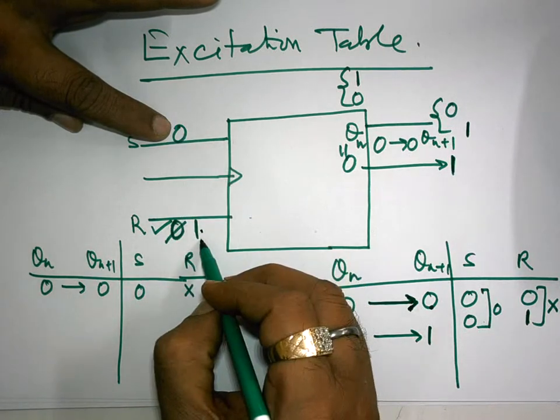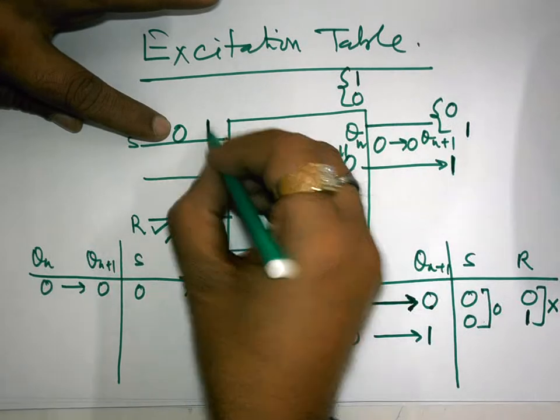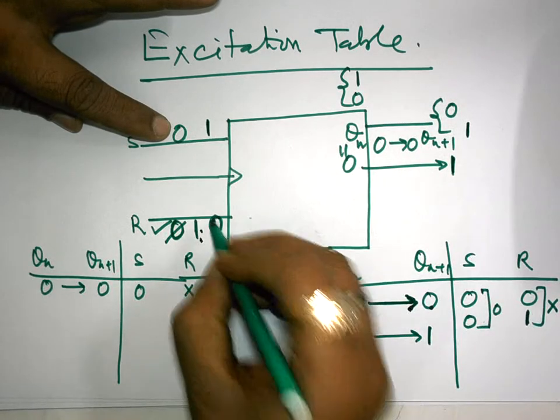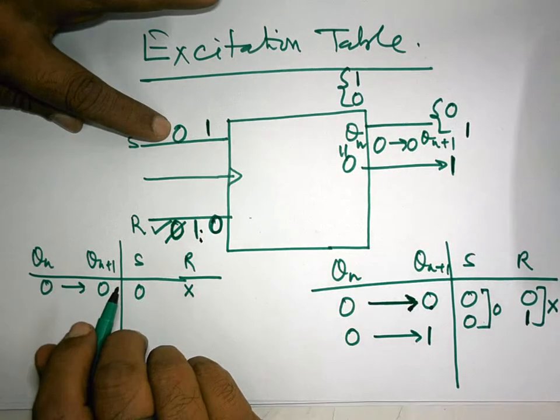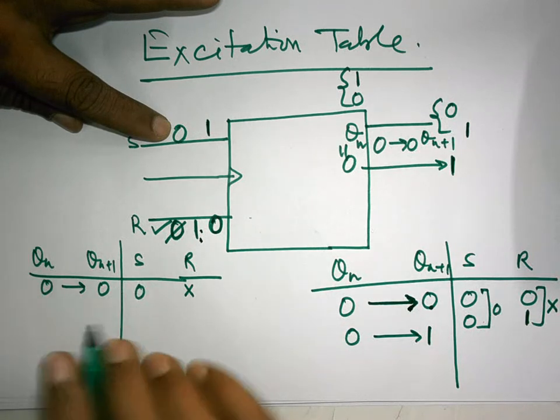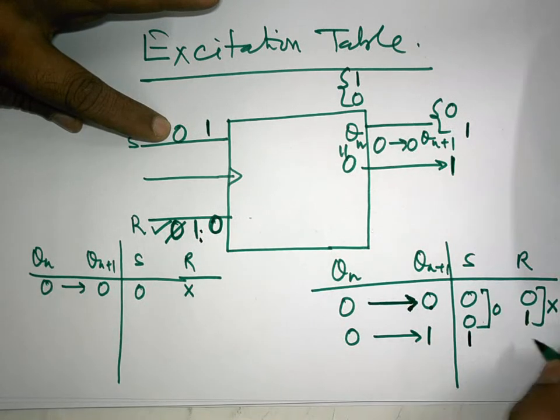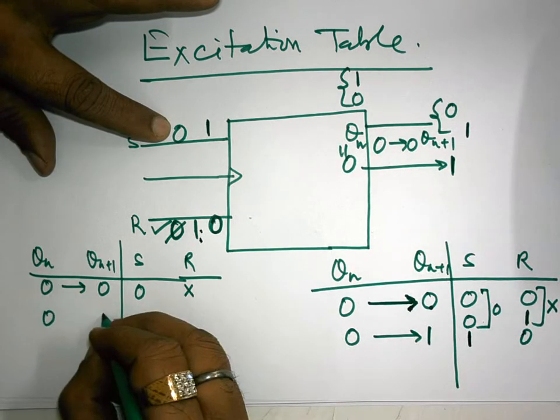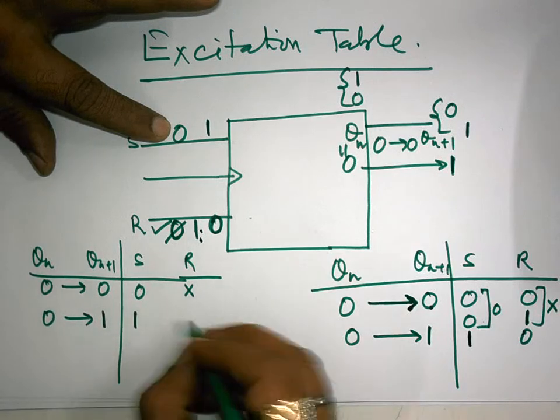No. 1 applied over here and 0 applied over here is going to make this transition. Okay. So 1 should be applied at S and 0 should be applied at R to make this transition possible.